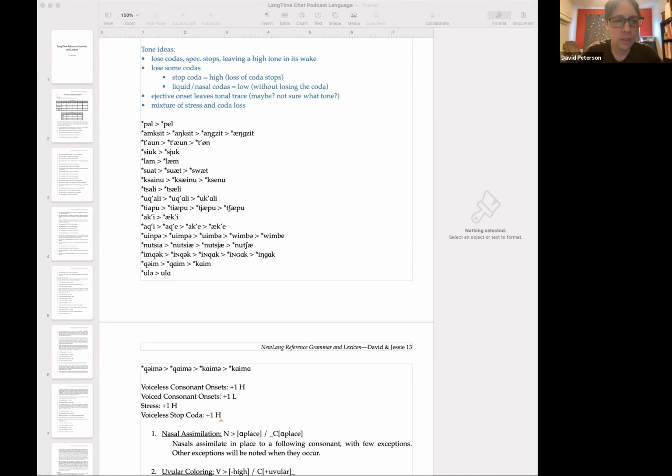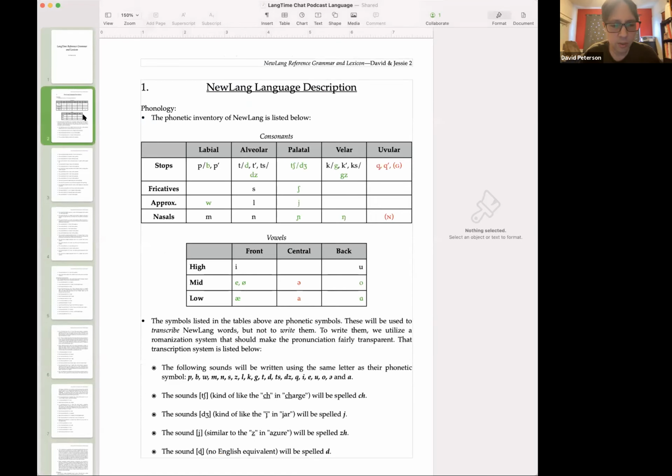Yeah, let's revisit our inventory here. Okay, so we only have voiceless proto-consonants. We don't have Z or EJ, not even in the modern language. We only have voiceless stops and affricates.